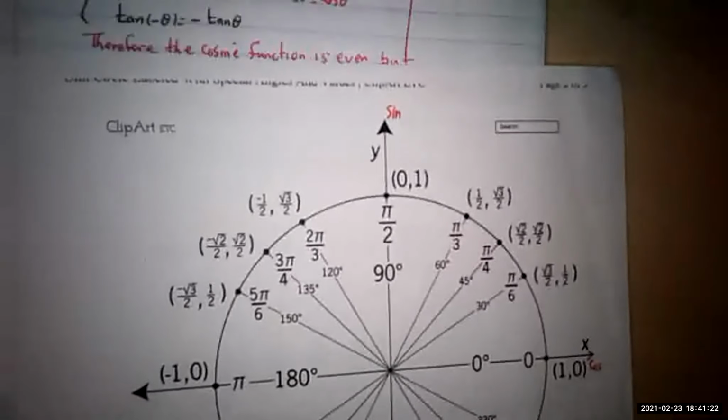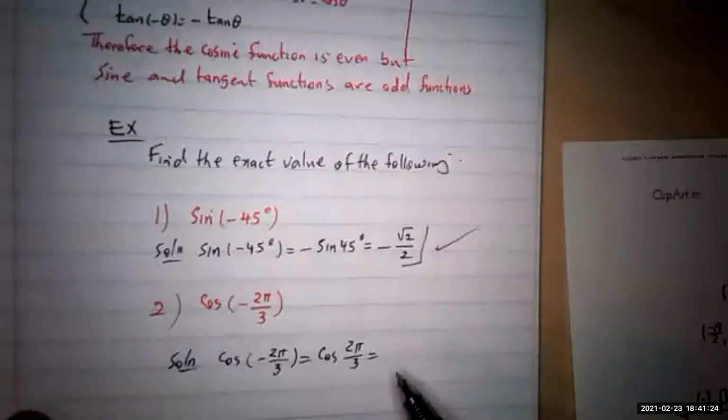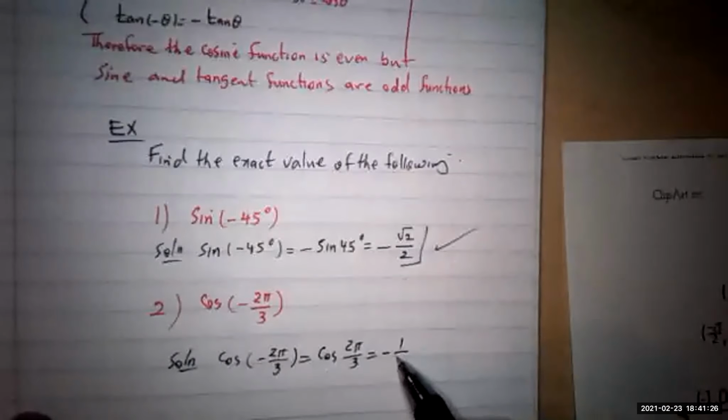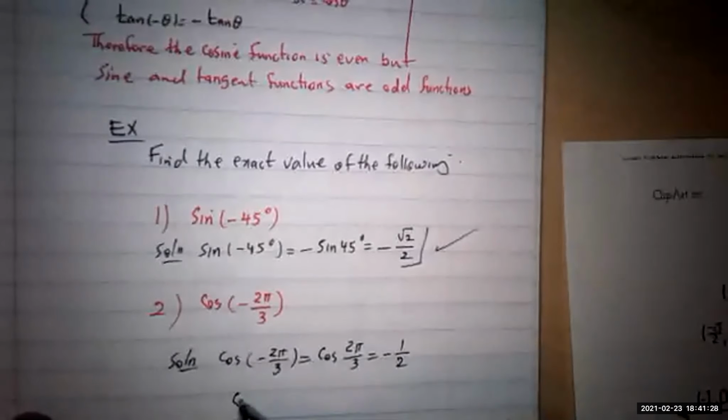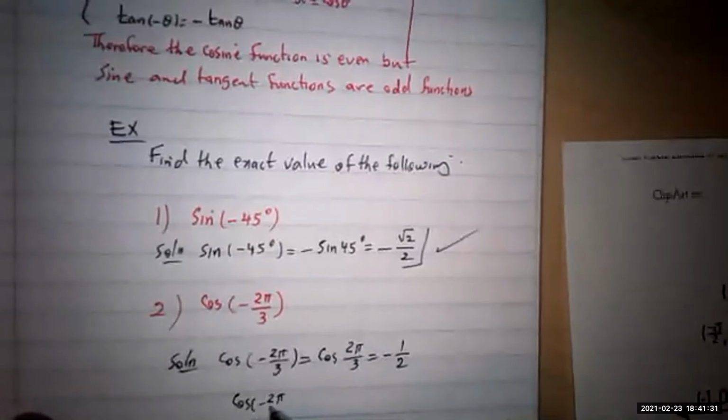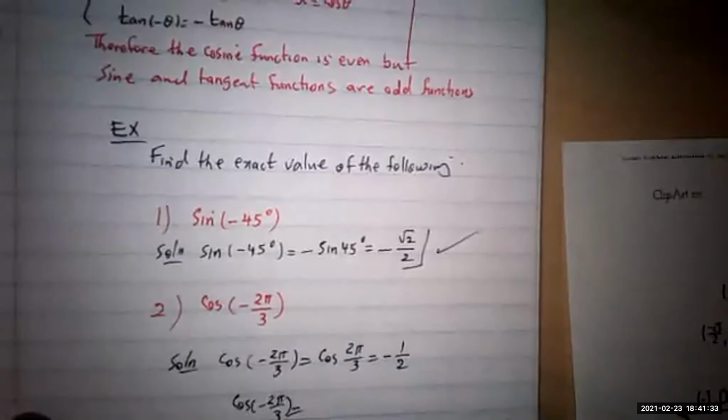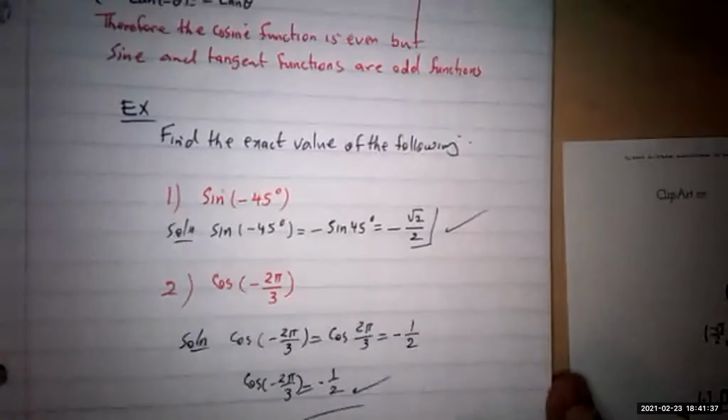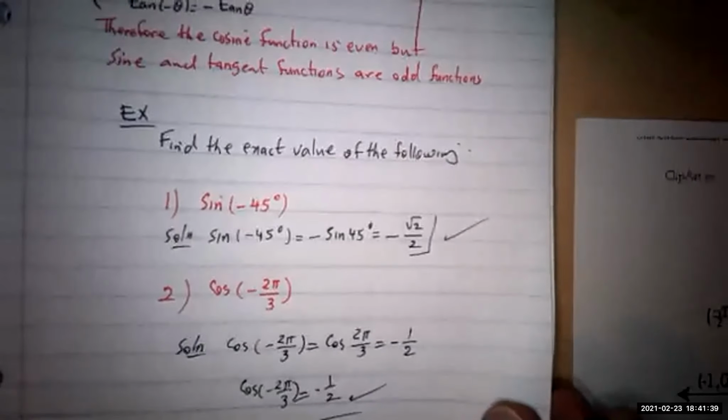So the cosine of negative 2 pi third is going to be negative 1/2. Any question? So get to know them.